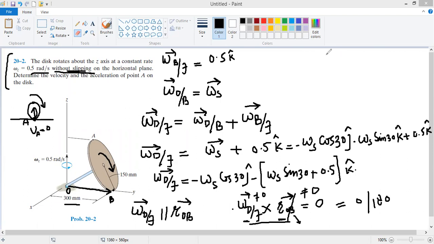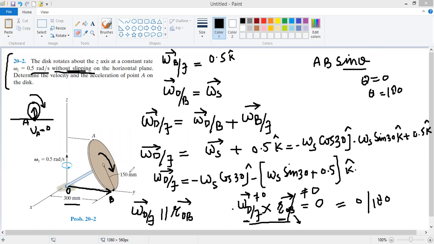Because if two vectors are parallel to each other, then A cross B is equal to AB sine of theta, the smallest angle between them. When two vectors are parallel, the value of theta is equal to zero, or in fact 180 degrees. Still, the cross product between the two vectors is zero.